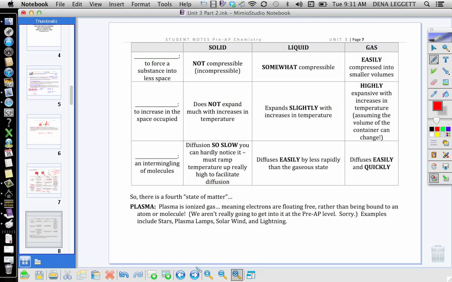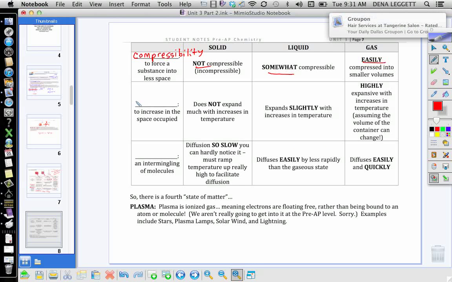A couple more properties here. We have compressibility, the ability to smash down and force it to take less space. Solids are not compressible. Liquids are a teeny tiny bit. Gases are easily compressible.